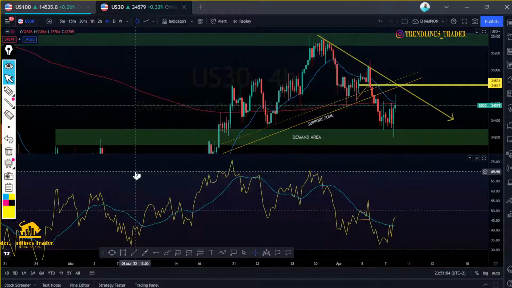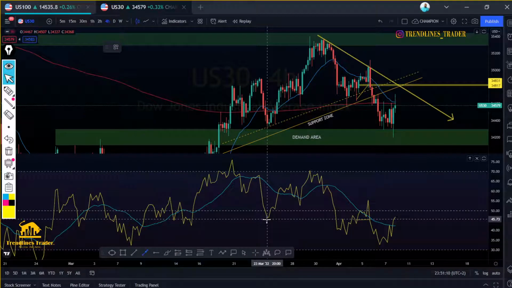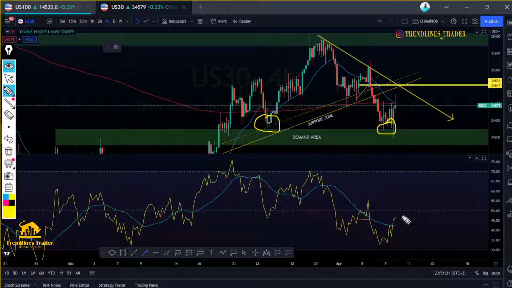When we do the divergence, we always look at the price. Let me use the pen so that I can circle easily. Look at this area right here and focus also on this area right here. When we join these two areas, what is happening? The other one is giving us a lower low.